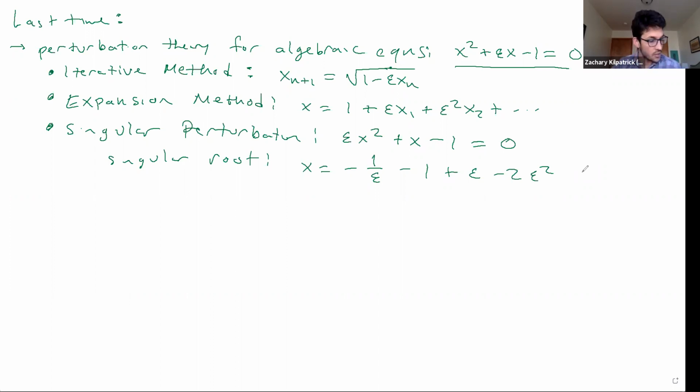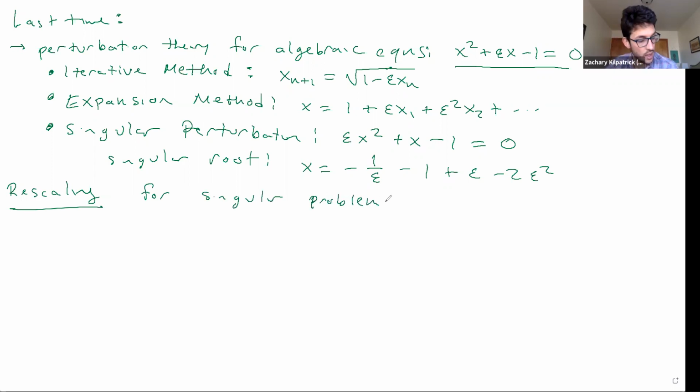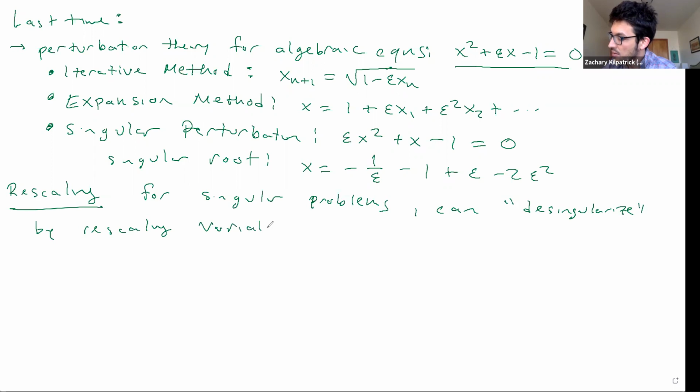Okay, so there are a couple of ways to do this. One way is what's called rescaling. Rescaling, for singular problems, can essentially de-singularize, that is, remove the singularity by rescaling some variables.